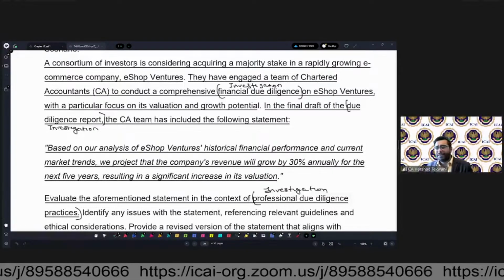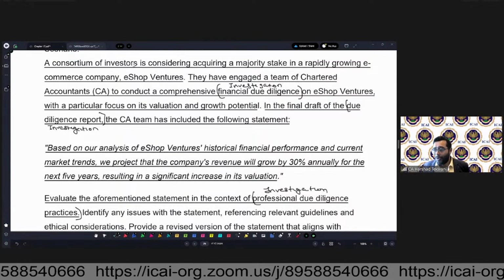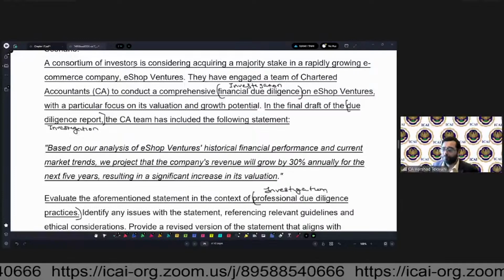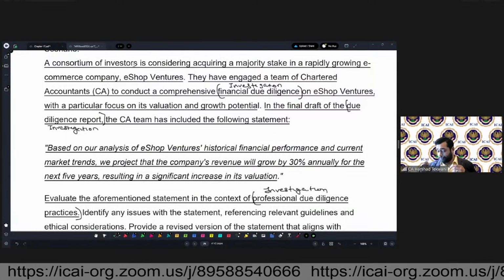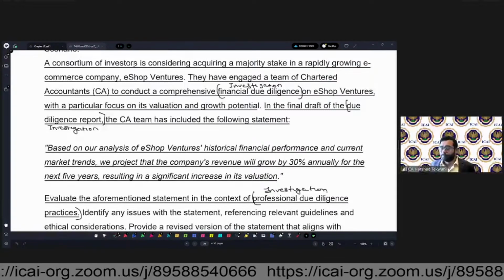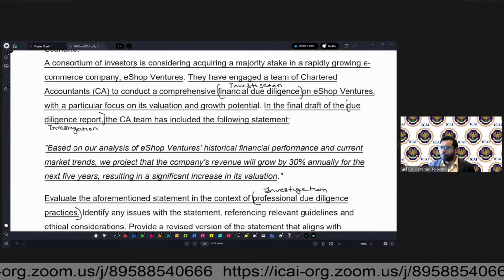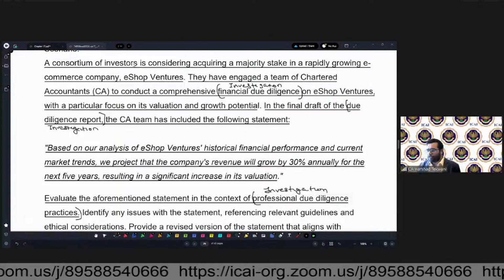Anyone? What is the problem in this particular statement over here? Very good, Abhirakesh. Yes. Anyone? Think of it. It's pretty straightforward. Trust me.